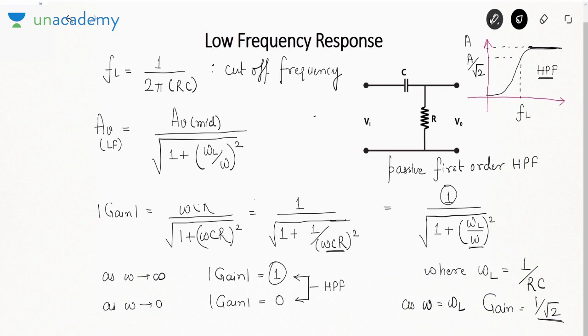So what is this mid gain? This is the maximum gain, or you can call it the mid band gain, because we know the gain is maximum in the mid band region. Is it fine? So now we will see how we can utilize this knowledge in order to determine the cutoff frequency of the amplifier.